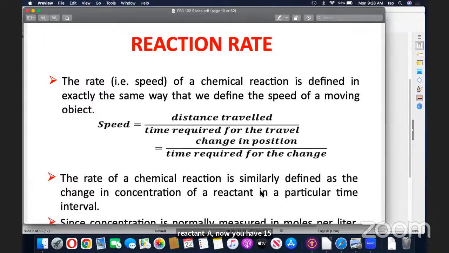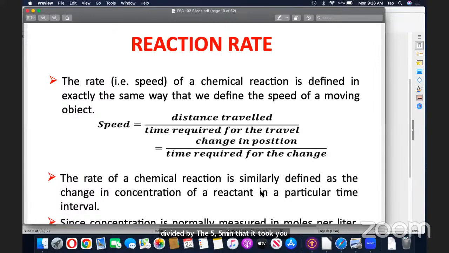Now you know that you already consumed 5 mole per dm cube in the course of the reaction, and it took you 5 minutes. Then that means you're going to be doing 20 minus 15, divided by the 5 minutes that it took you.